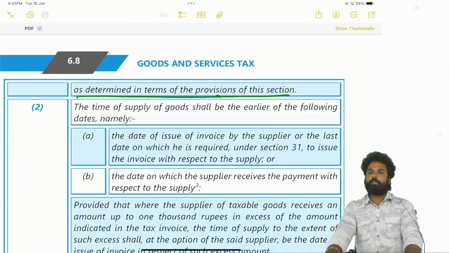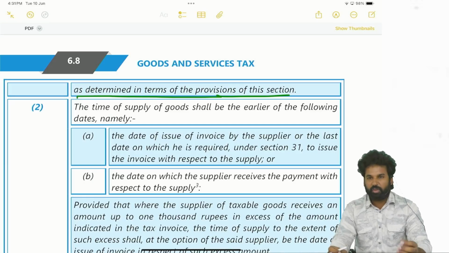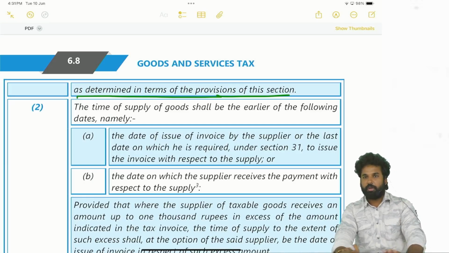So the time of supply of goods will be determined as per section 12. That is what it is telling. So you can say it is a dummy subsection, right?